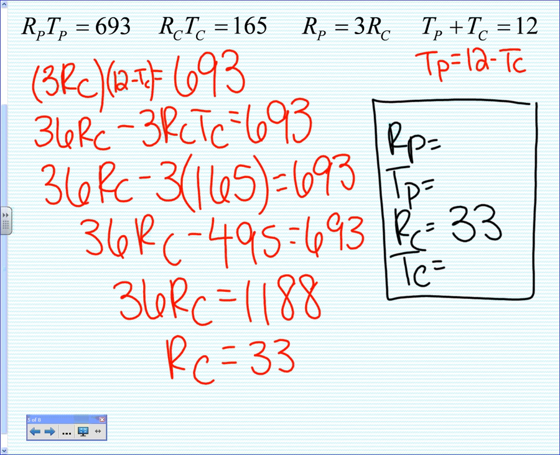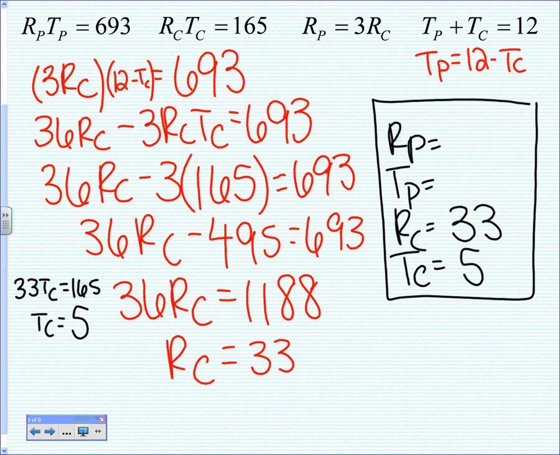Okay, so now that I have RC, use the second one. Okay, so I have 33 TC equals 165. So okay, we're halfway done.